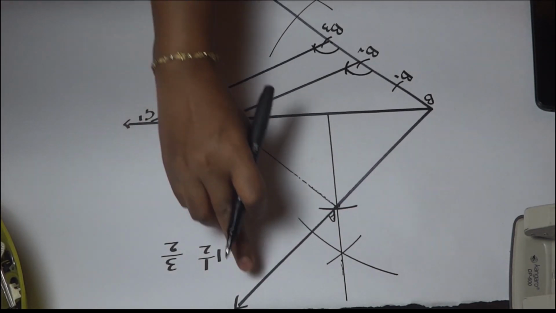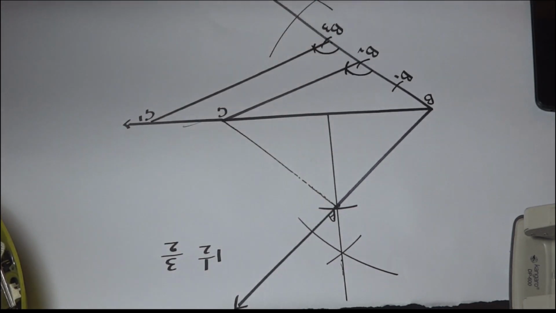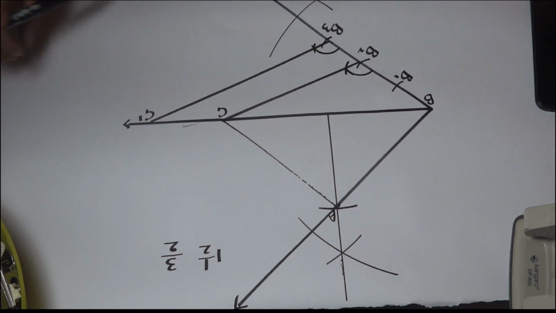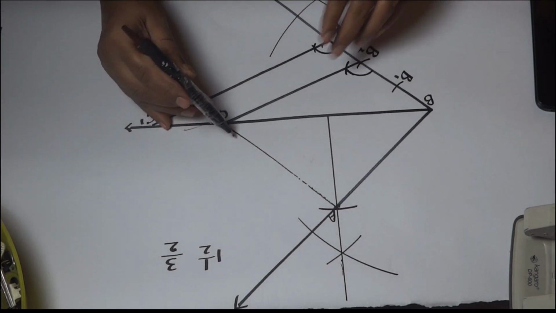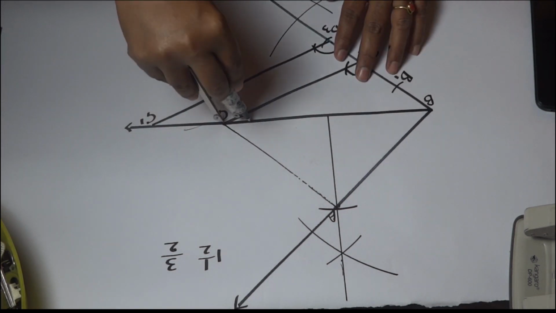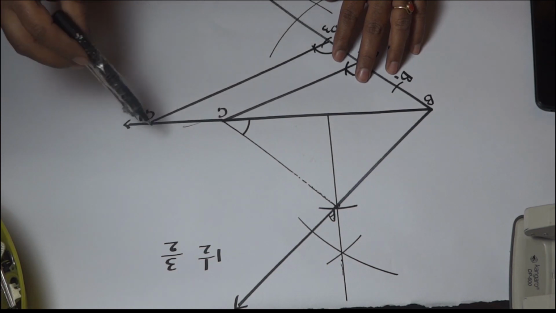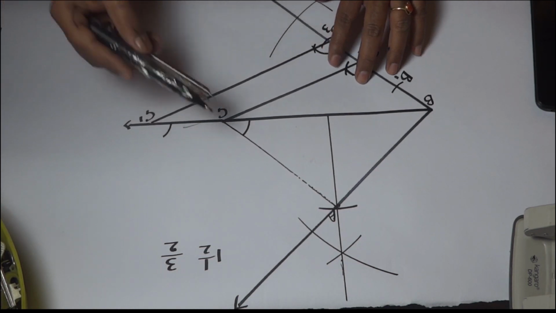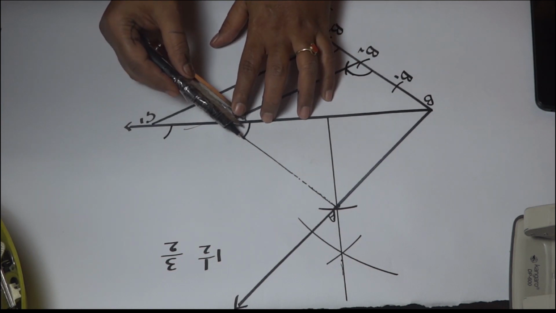To join C dash to extended part of AB, let me copy the angle formed here at point C. Follow the same procedure. Take a convenient length of the compass, make a mark at point C, which will give us the length.